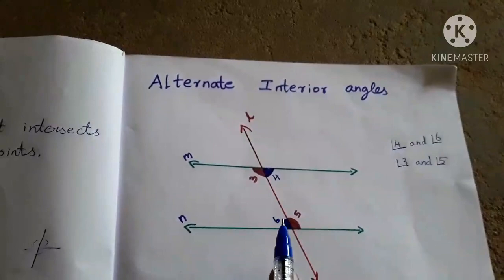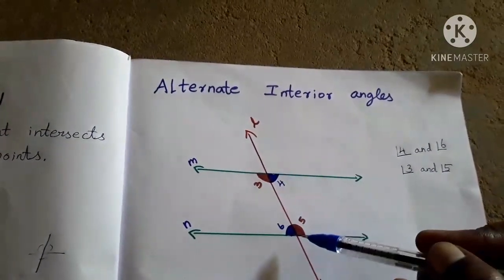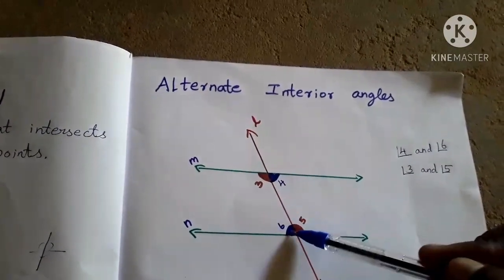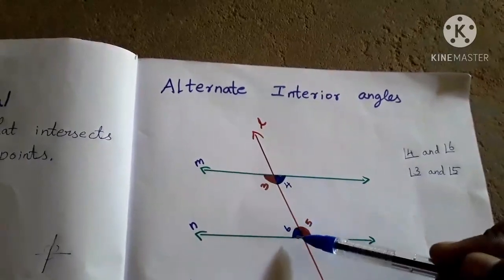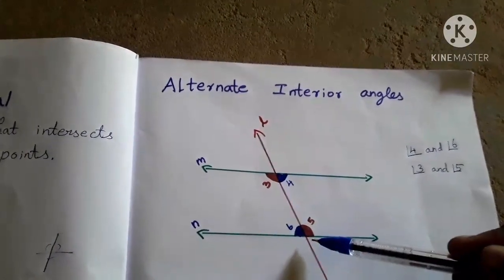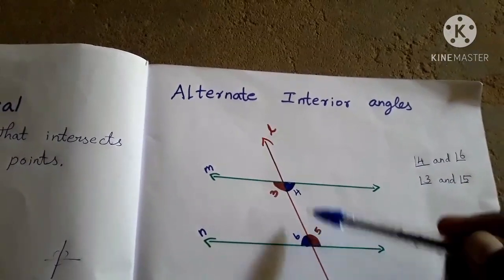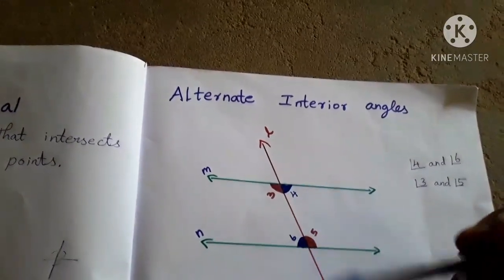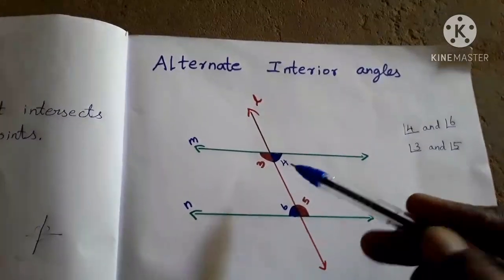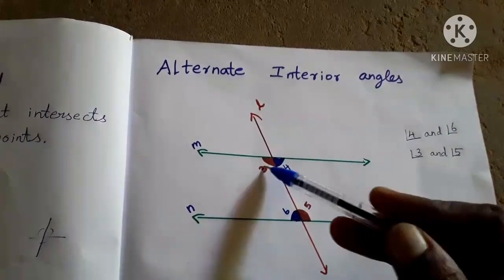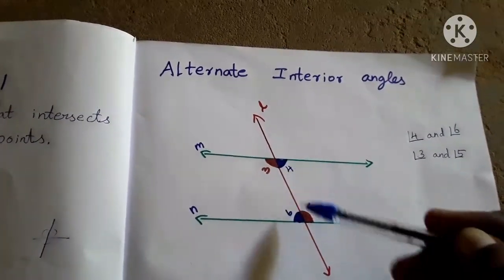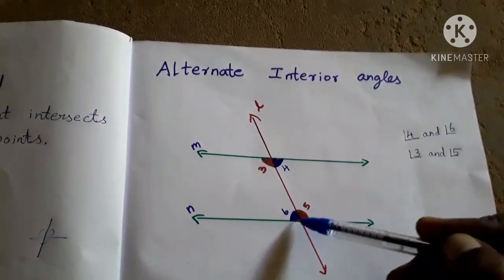So what are alternate interior angles? They are opposite of the transversal and lie between lines M and N. Angle 3 and angle 5 are opposite. Angle 4 and angle 6 are opposite.